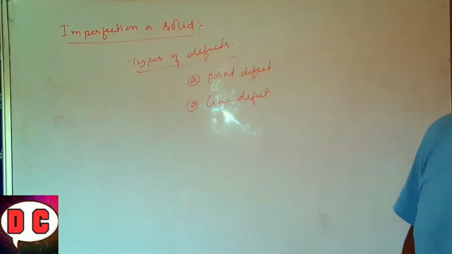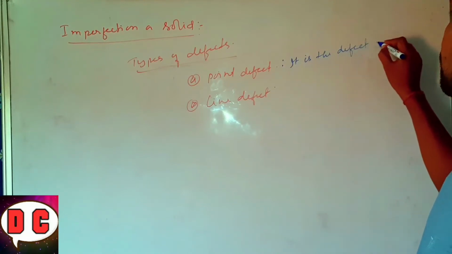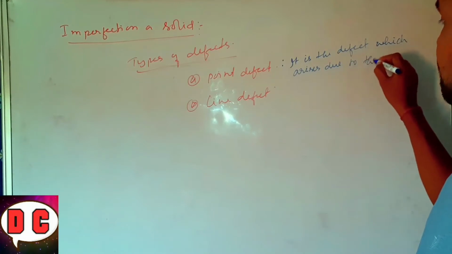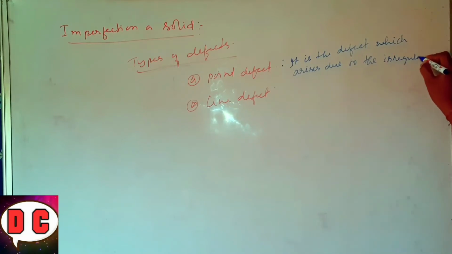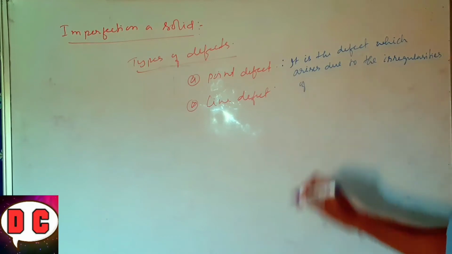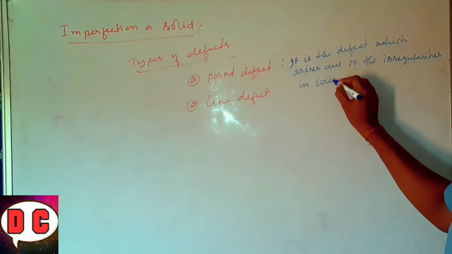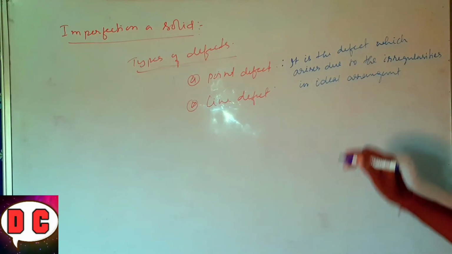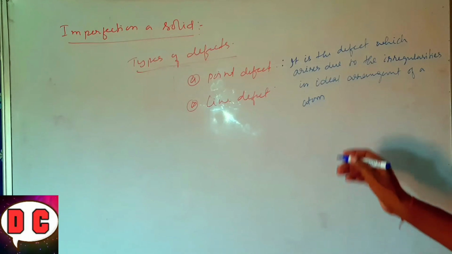So what is a point defect? Let us try to understand. A point defect is the defect which arises due to the irregularities in the ideal arrangement of the atoms around a point.